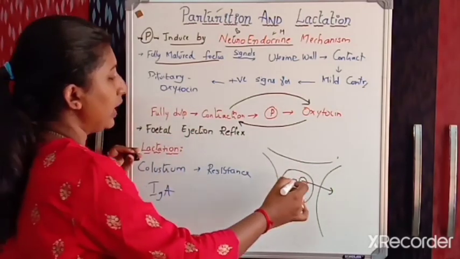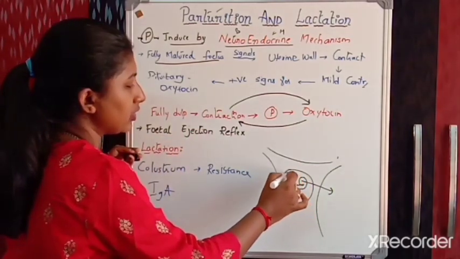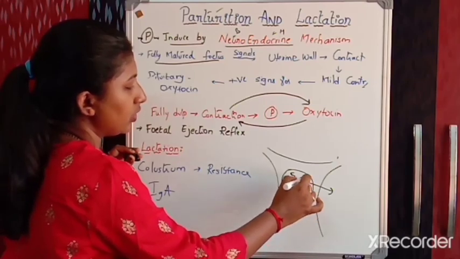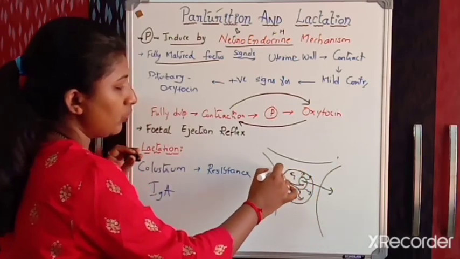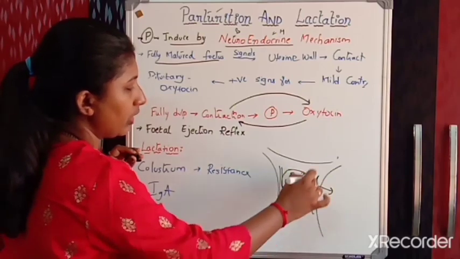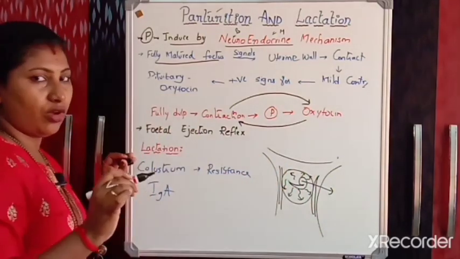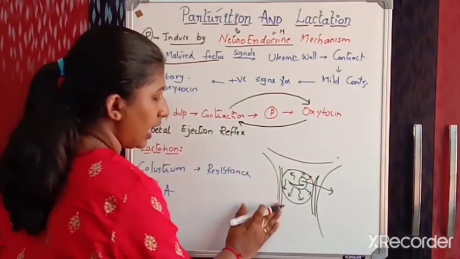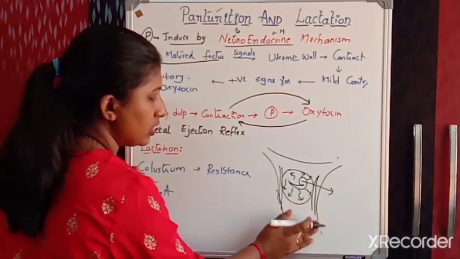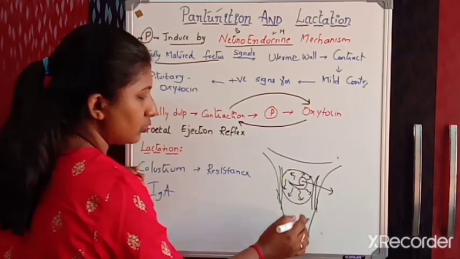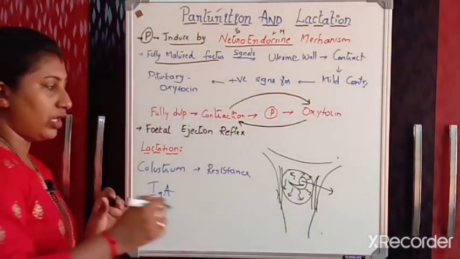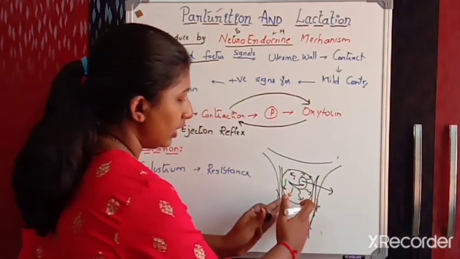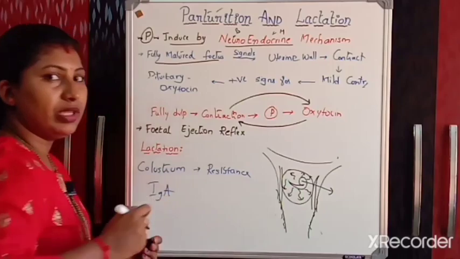The fully matured fetus gives signals to the uterine walls, here is the uterine wall, for the uterine wall or endometrium to contract. It has to contract now. Why? Because the baby has to be removed from the body. When the uterine wall contracts, only then will the release of the baby take place.